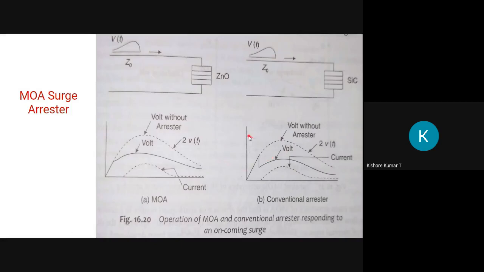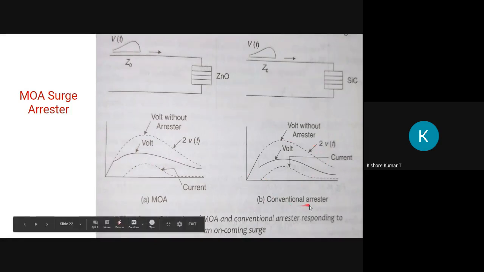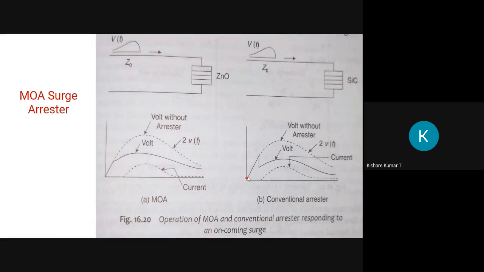Now if you observe the volt ampere characteristics shown in figure B, without a lightning arrestor this is the rise in potential, the dotted line above.